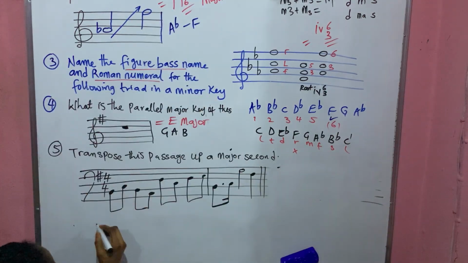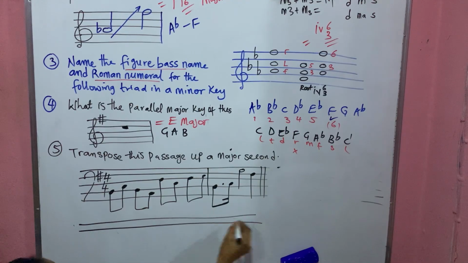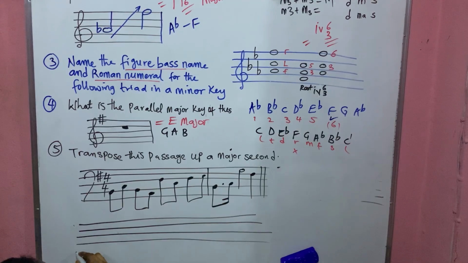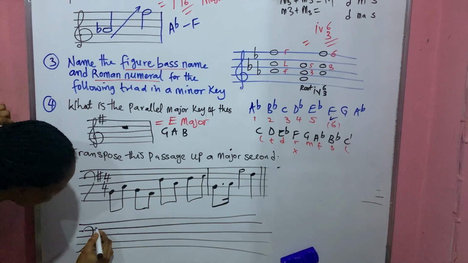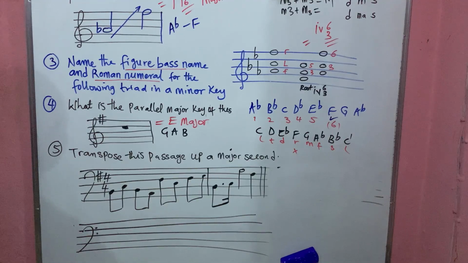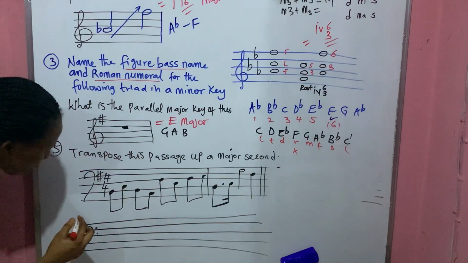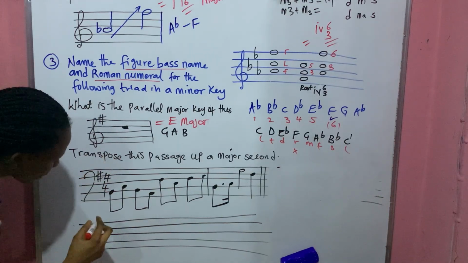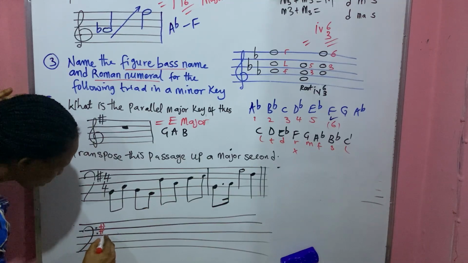Further, we can use this so that we have enough space. So we have here, he puts the clef, up a major second of this key signature, G. Major second of G is A. So automatically this key signature now is going to be A.